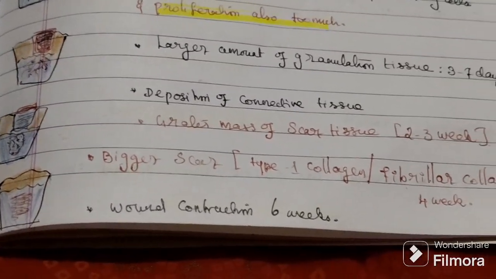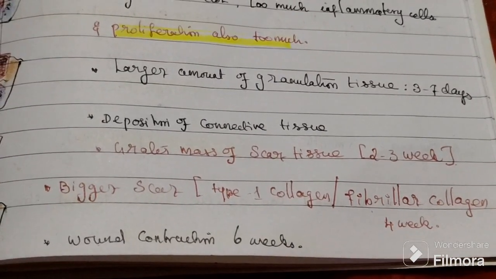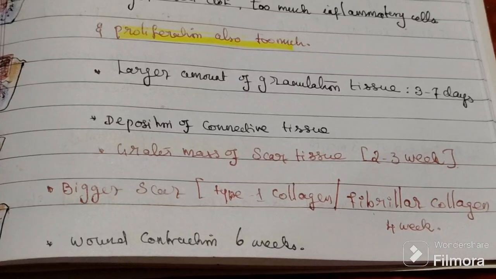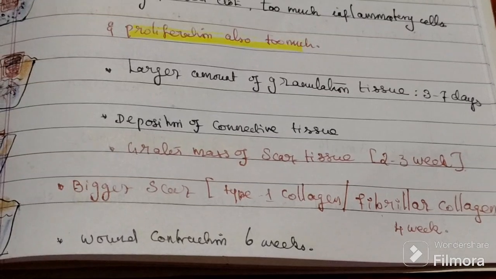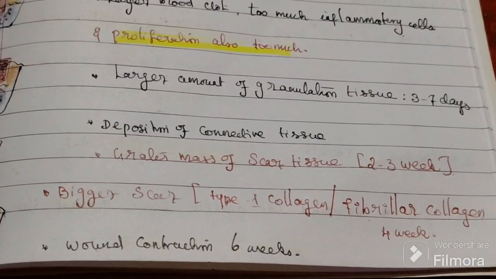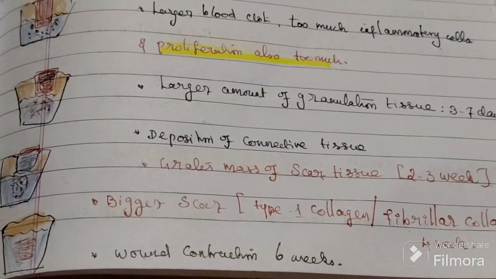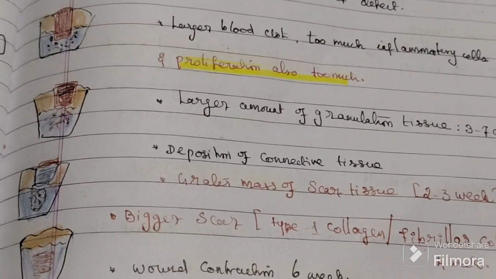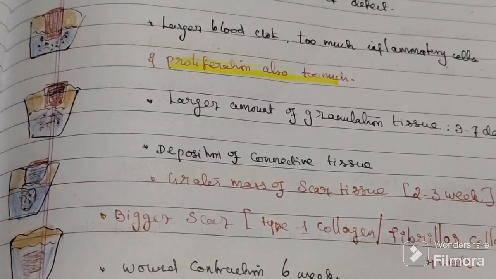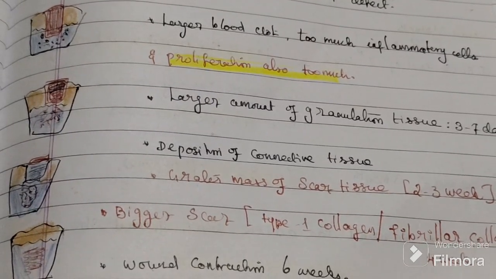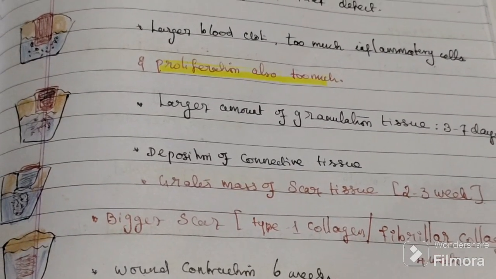It is a bigger scar as compared to primary intention. In the next 2 to 3 weeks after scar formation, some of these fibroblasts assume the responsibility of being contractile. They are referred to as myofibroblasts.